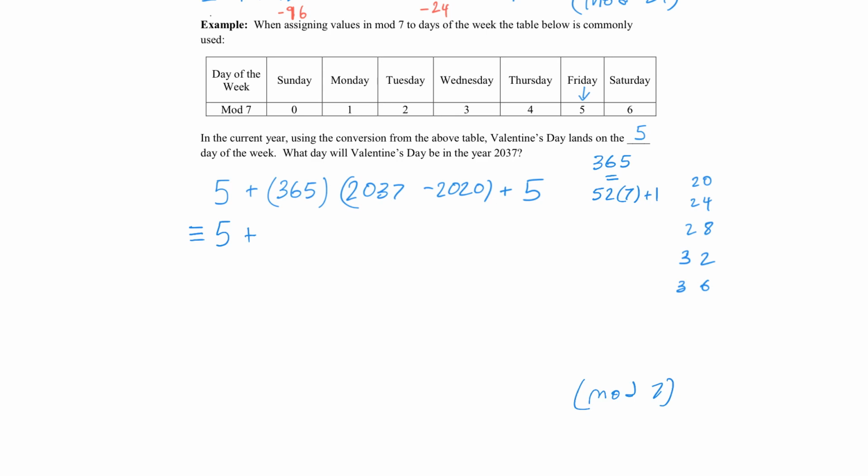So the remainder, when you take 365 and you divide by 7, would be 1. So for that, we get 1. And then 37 minus 20 is 17, and then plus our 5 leap years left over. So we're reducing down. We've got 5 plus 17, we'll take away 14, and we're ending up with 3 plus 5, and then 5 plus 5 plus 3 will be 13.